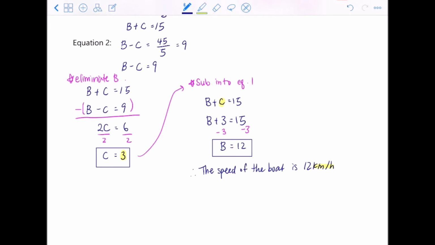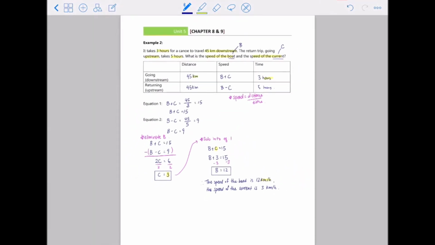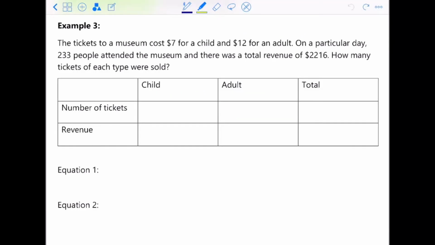And then the speed of the current is 3 kilometers per hour. So that's it for example 2. Moving on to example 3.